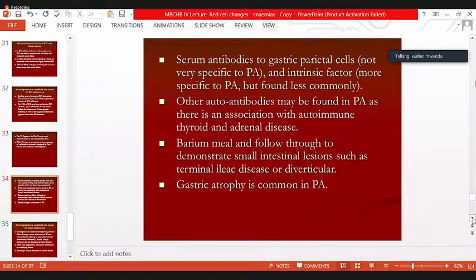These reduce the available vitamin B12 and therefore lead to malabsorption, therefore lead to deficiency of vitamin B12, and that may lead to megaloblastic anemia, and that may lead to macrocytosis.